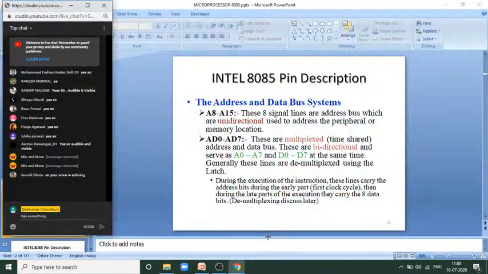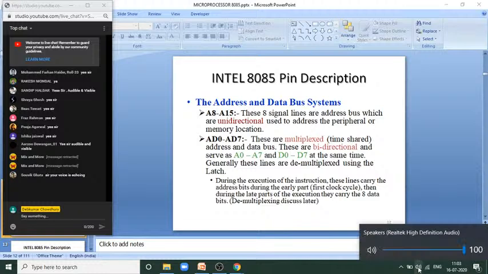So this is all about the address bus that we are talking about. We observe that there are two parts of the address bus.